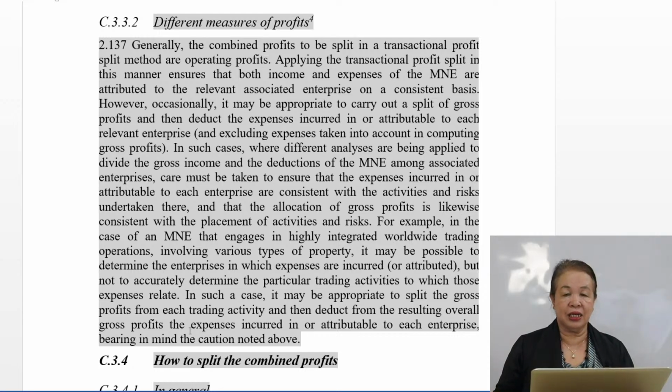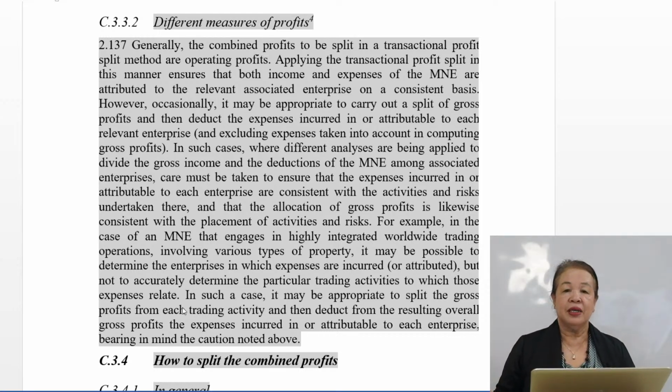So, kailan siya pwede or mag-deviate doon sa net profit to be split? Pwedeng gross profit ang split, no? Split a gross profit. And then, sa trading company, bawat isa na recipient nung share in the gross profit, kanya-kanya na silang deduct ng kanilang operating expenses.